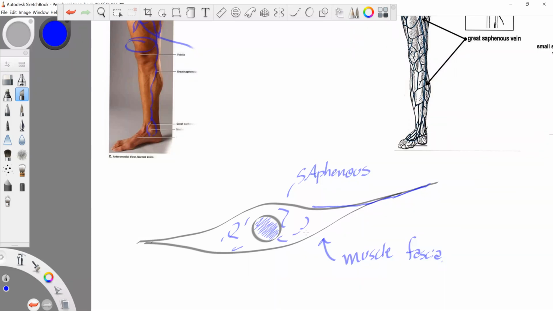If you're following what you believe to be the great saphenous vein, and it becomes more anterior, let's pretend this is one big leg here. Here's the surface of the leg, and instead of seeing it down here, you start to see it here. Well, that happens. In fact, on this person, I wish I could go back and erase some of this without erasing the entire leg.